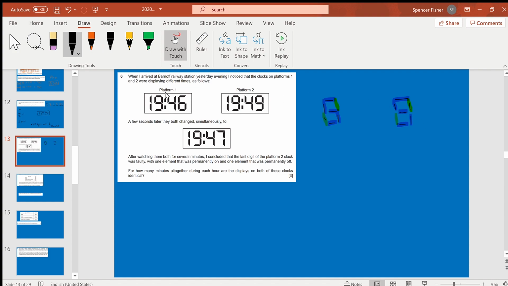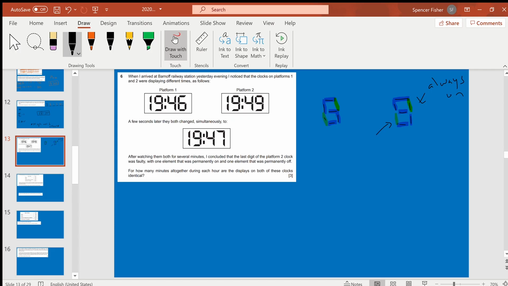So if we know platform 1 is correct and platform 2 is wrong, that means this one is supposed to be blank, but it's not. This one is supposed to be filled, but it's not. So what that tells us is this element is always on.